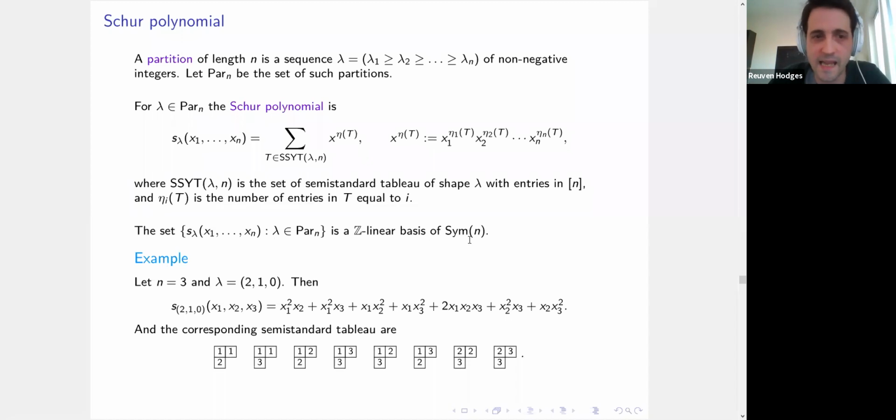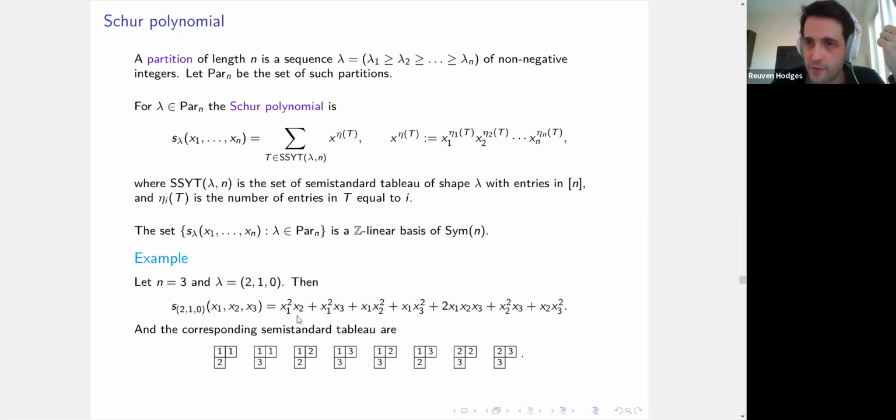Maybe just a quick example of what I mean by this Schur polynomial definition. If you let n equal 3 and you take the partition 2, 1, 0, then the associated Schur polynomial is this. You get one monomial for each semi-standard tableau of shape 2, 1. For example, 1, 1, 2 here is semi-standard. Since there are two 1s, the exponent of x1 is 2. Since there's one 2, the exponent of x2 is 1.